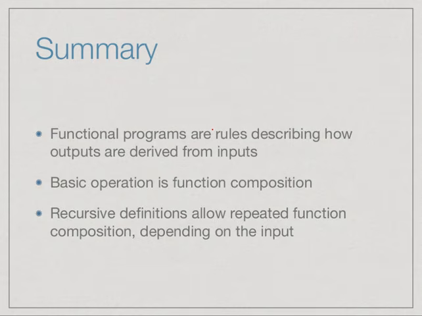And now often we have to apply this function composition more than once, but not a number of times we know in advance. So when we did plus 2 and plus 3, we knew exactly how many times we had to compose a function. But when we wrote a general plus or a general multiply, we had to apply these functions depending on the value of the argument. So for such functions, we saw that recursive definitions are a good way to capture the dependence of the number of times the function has to be composed based on the input value.